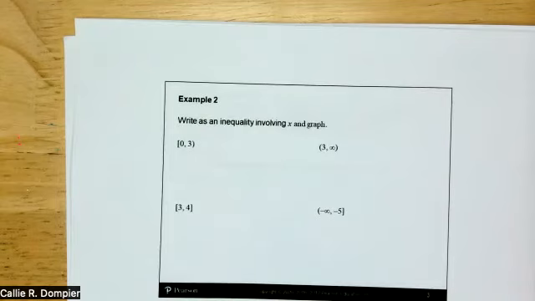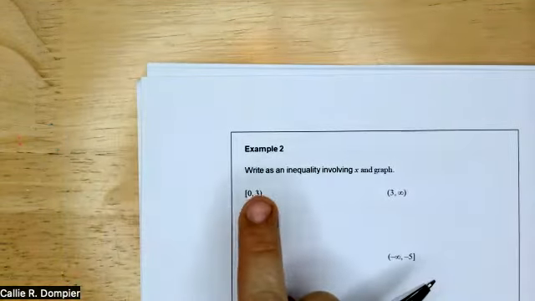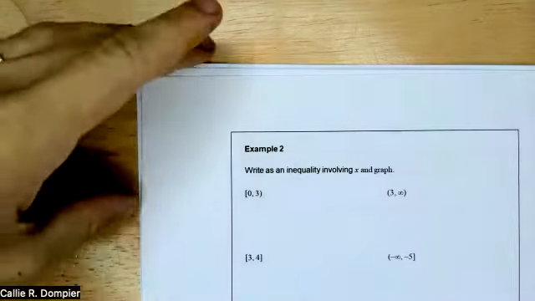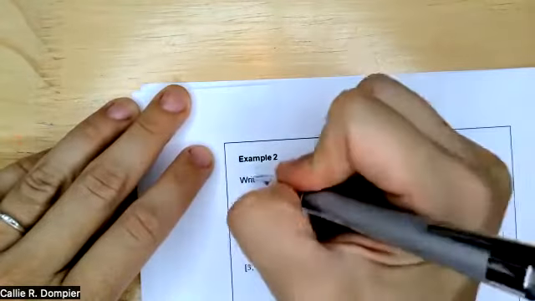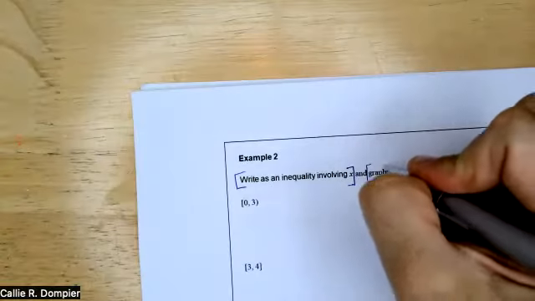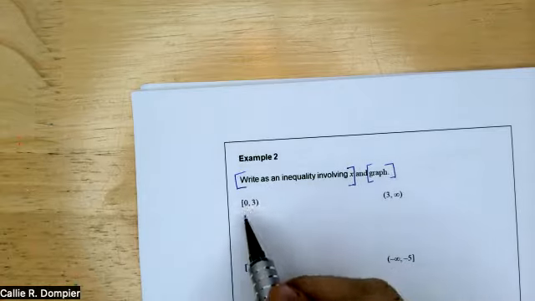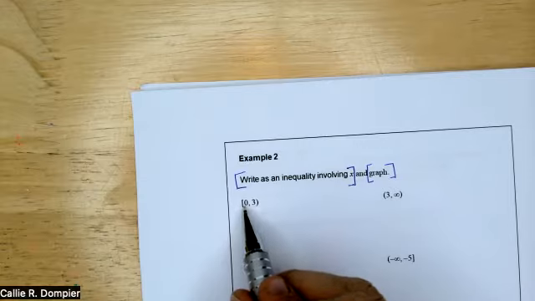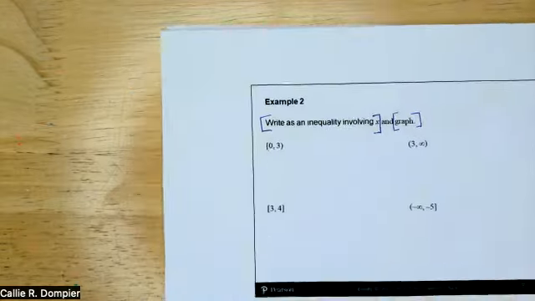Now, here are some examples of just the interval notation. So we want to write as an inequality involving x, and we need to graph it. So this is bracket or including 0 to 3, not including 3.